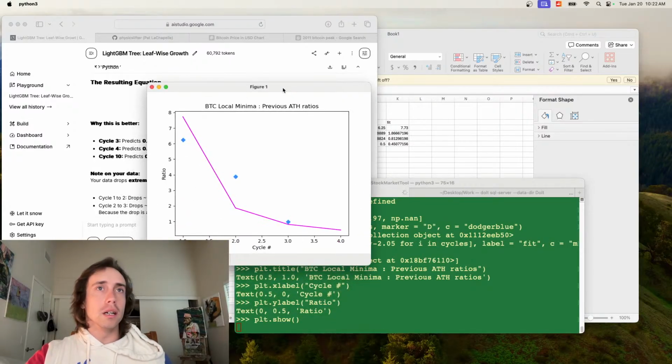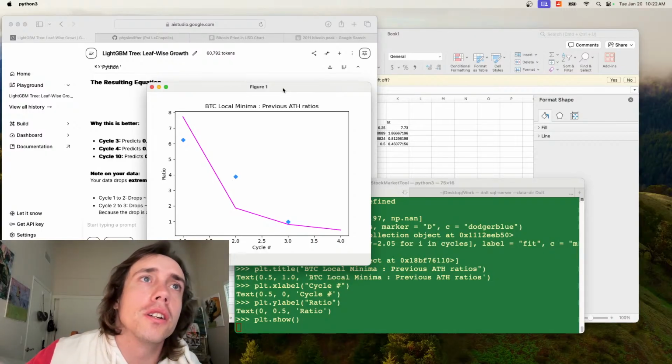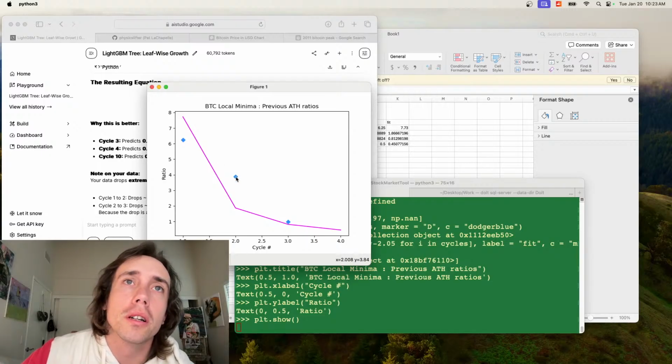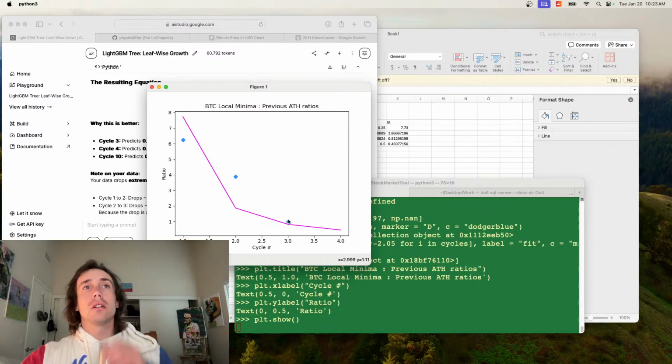That's pretty off. The problem is that the ratios are linear, so this would have predicted a much lower all-time high. This would have predicted a much higher all-time high. That's close to being on.